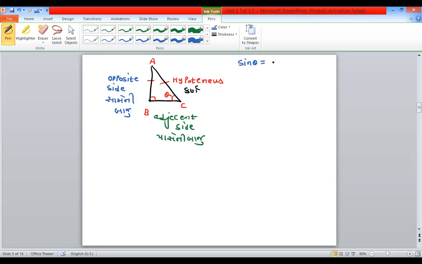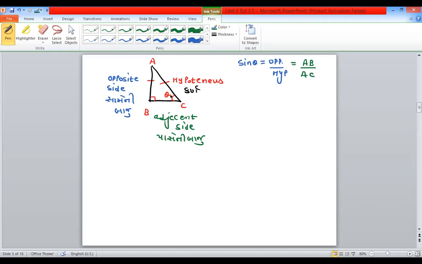So sin theta means the opposite side upon the hypotenuse. The opposite side is AB, divided by the hypotenuse, that is AC. So sin theta is defined as opposite side upon hypotenuse.